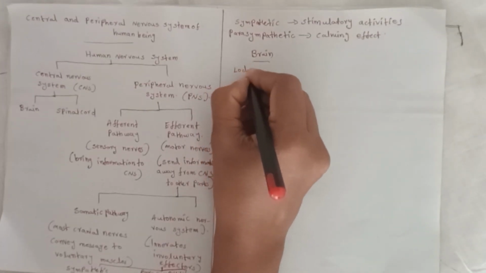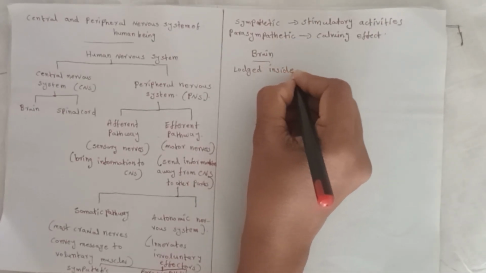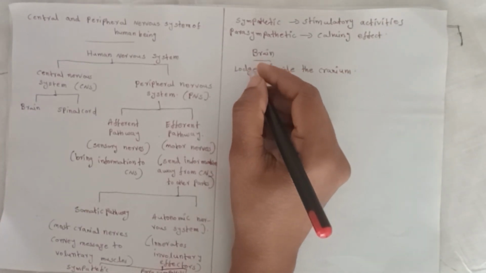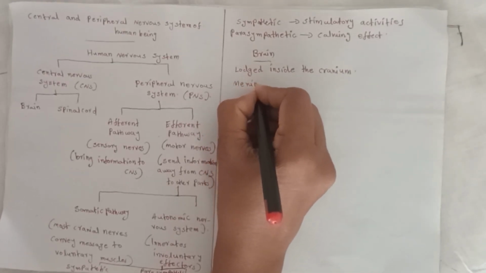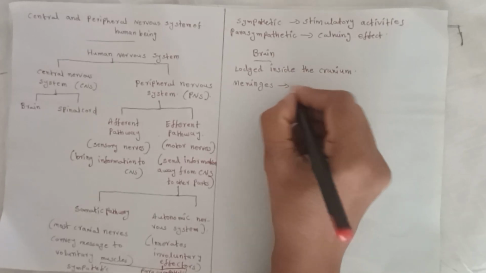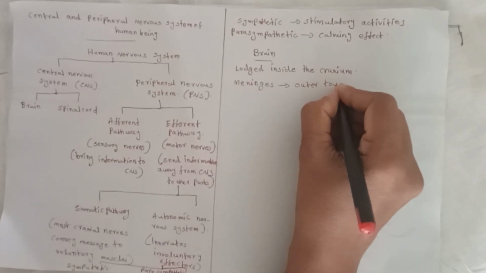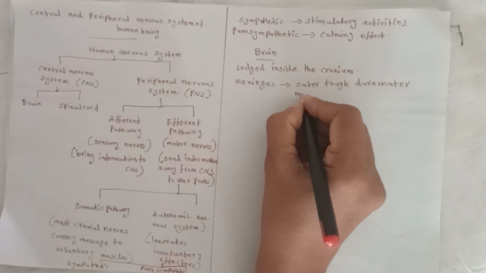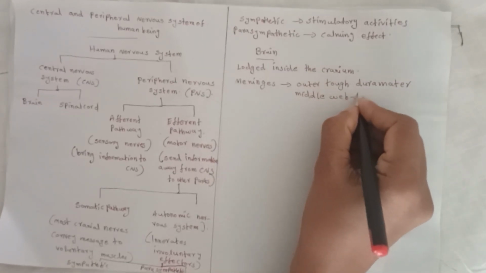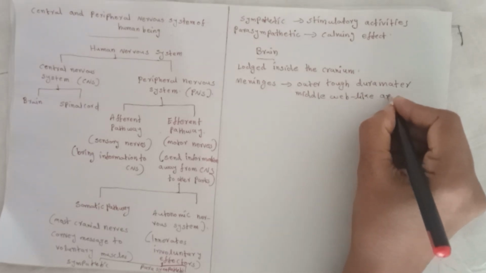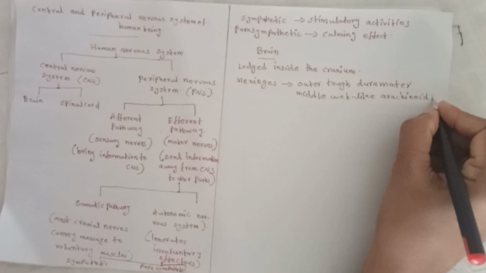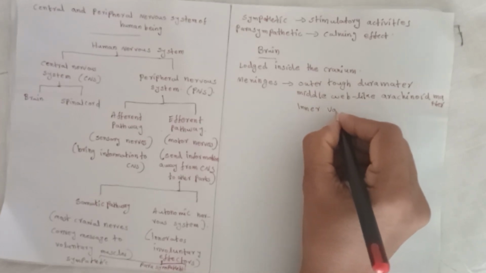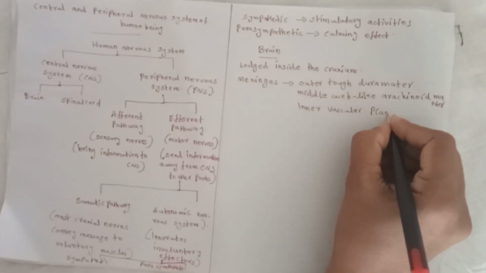The brain is lodged inside the cranium, protected by 3 meningeal layers: the outer tough dura mater, the middle web-like arachnoid mater, and the inner vascular pia mater.